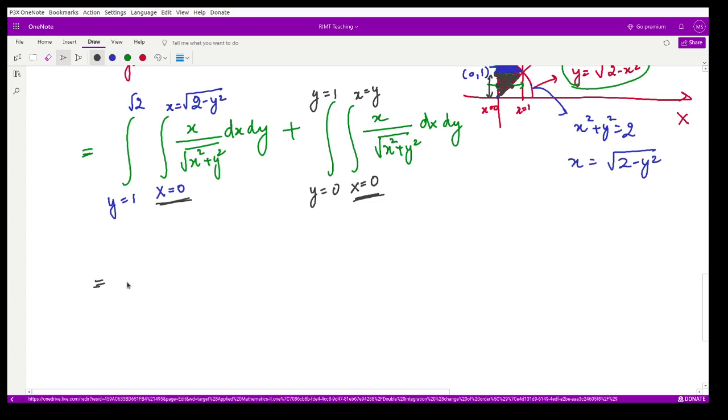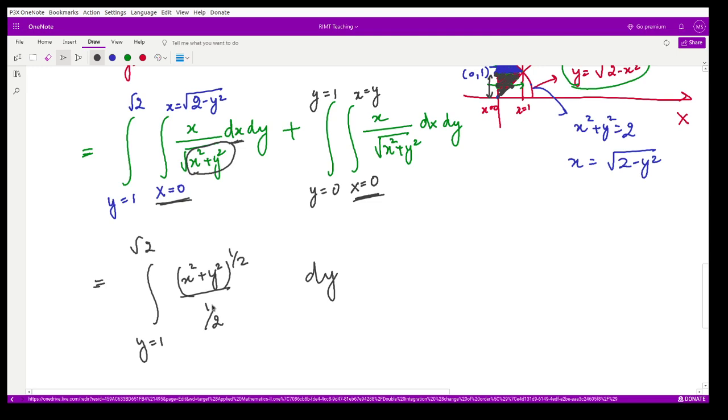So here we have to perform the integration with respect to x. So we can substitute this as some other variable, and we have the derivative present above. So it would be equal to the limits of y varying from 1 to square root 2, dy as such, and then the integration of this particular term. So it would be equal to x square plus y square raised to power 1 by 2 divided by 1 by 2, right?